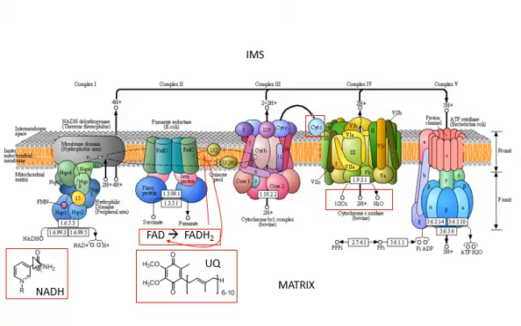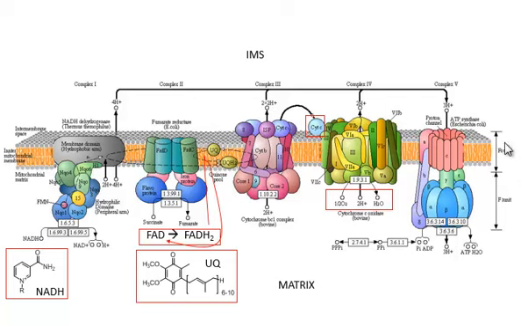In this diagram, the mobile electron carriers are outlined in red boxes here: NADH, FADH2. Ubiquinone happens to be a lipophilic variant that's in the membrane. Cytochrome C is actually a protein that is soluble in aqueous solution. It's in the intermembrane space, and of course dioxygen. So those are the mobile carriers.